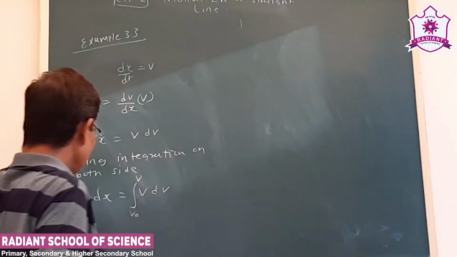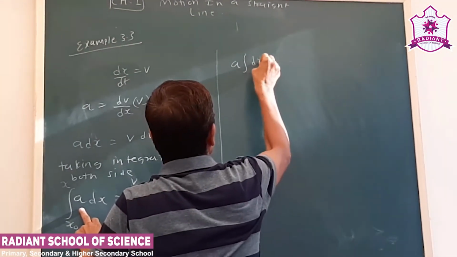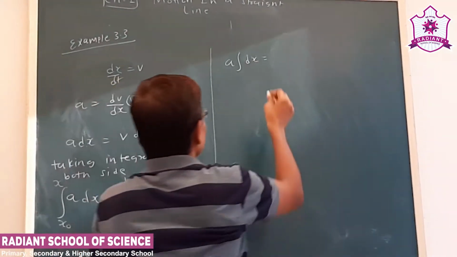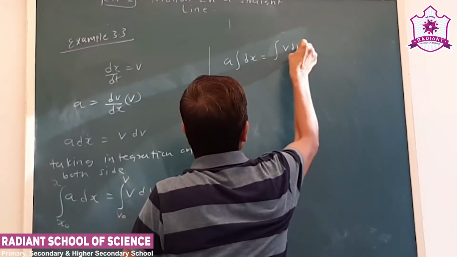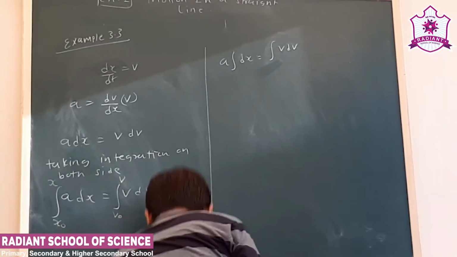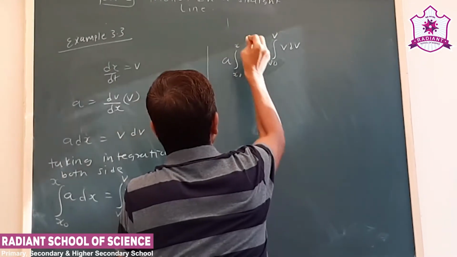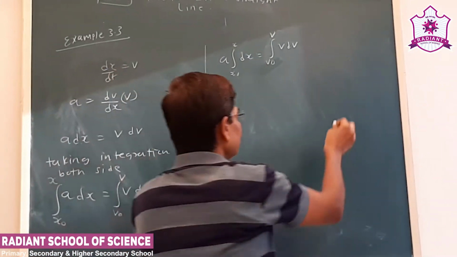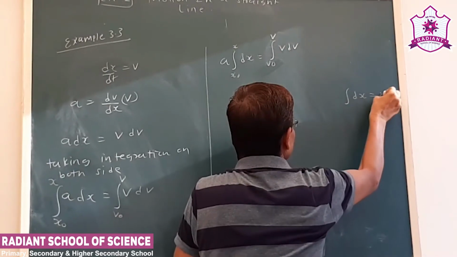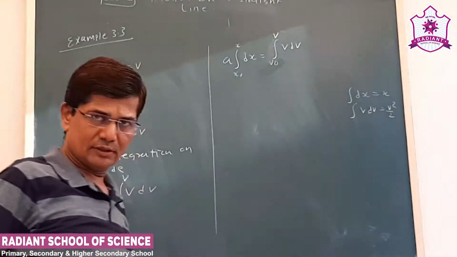So a is a constant term, a dx will be equal to v dv. The limits of integration we can write from v0 to v, and x0 to x. Now we have seen earlier integration of dx is x and v dv is v square by 2.